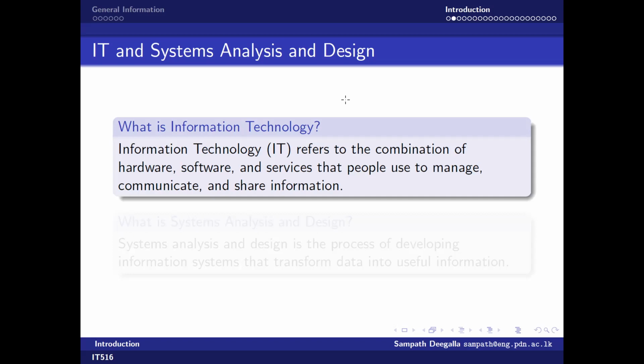When you refer to information technology, we talk about hardware, software, and all the services that we use to manage, communicate and share information. So most of the time, our systems were manual systems, so we needed to convert them to computer-based systems. I think it's being done. In most places now we see computerized systems.